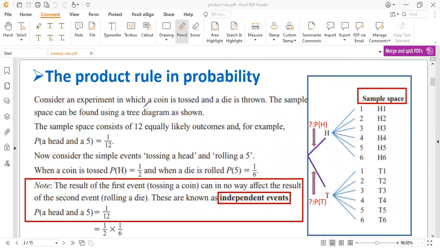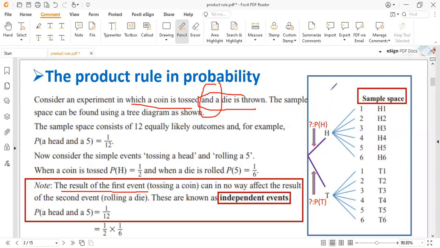Let's consider an experiment consisting of two different stages, like tossing a coin, then throwing a die: two successive events, or stages. First, we are interested in the result of the first event.